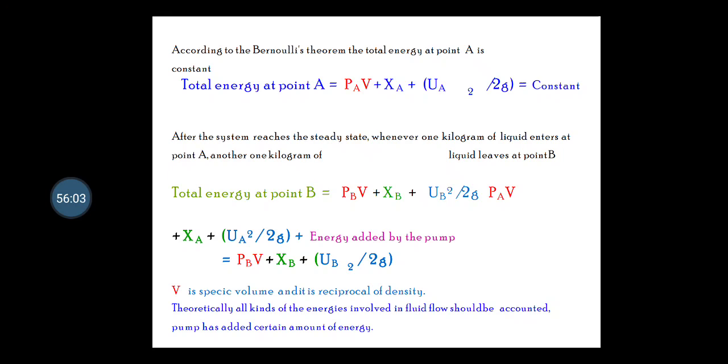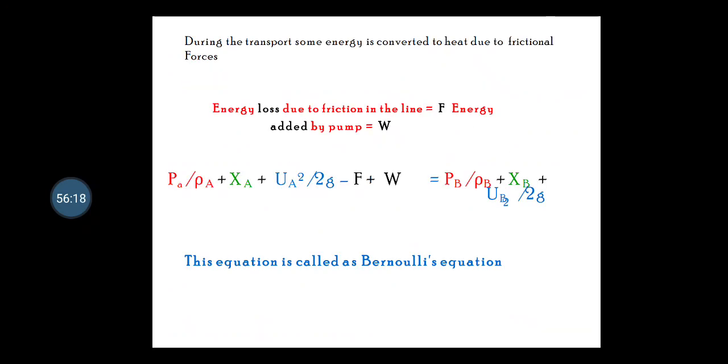Theoretically, all kinds of energies involved in the flow of fluid should be accounted for. The pump has added a certain amount of energy. During the transport, some energy is converted to heat due to frictional force. So the energy loss due to friction in the line is F, and W is the energy added by the pump.